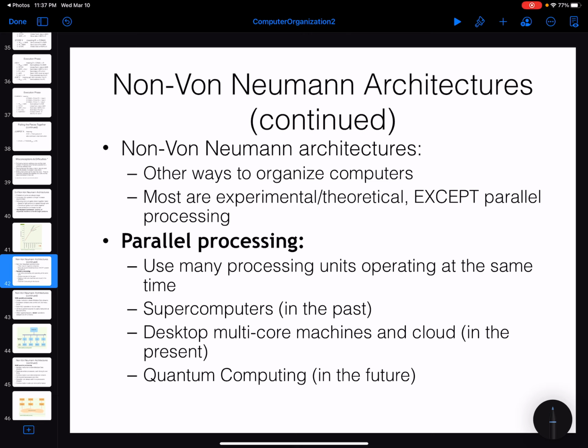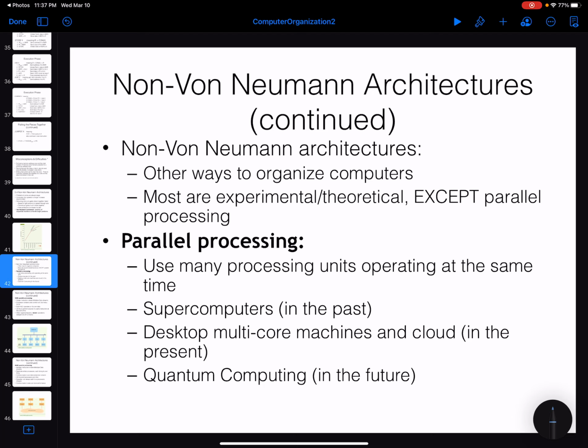Although many different models have been proposed, most of them just remained in an experimental or theoretical phase. Only parallel processing is something that has already been used, and we are using it in practice.